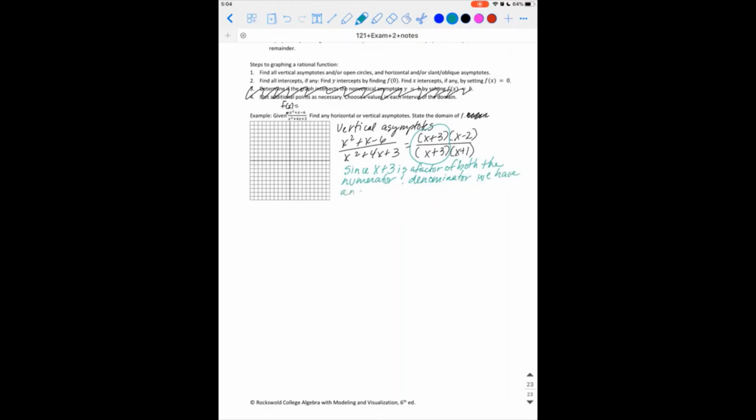We have an open circle, sorry, at, we set the factor equal to 0. We solve for x, at x equal to -3.